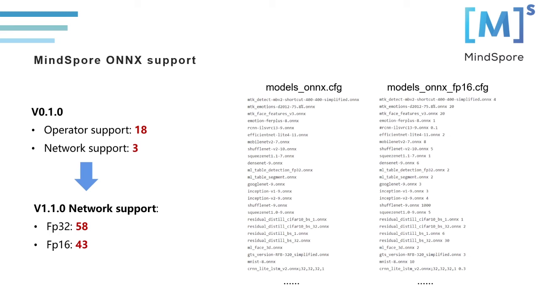And by the latest 1.1 version of MindSpore, the FP32 network number has grown to 58, and the FP16 network number is 43. But we are still working on more operators and networks in the Model Zoo to natively support ONNX format.